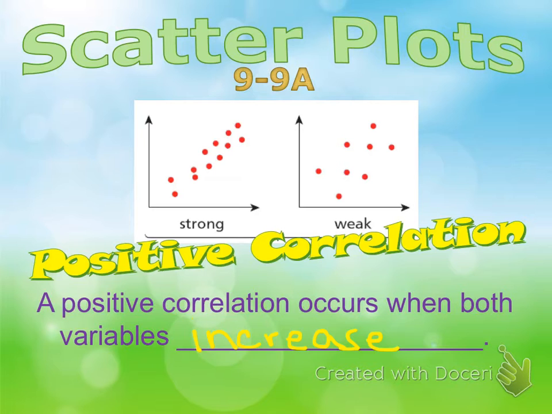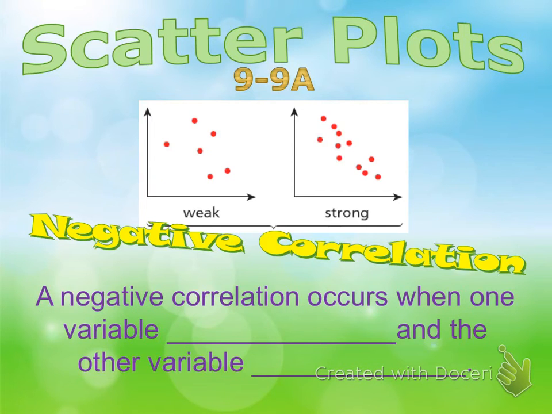So then a negative correlation is going to occur when one variable increases and the other variable decreases. And again, you can have a weak or a strong correlation.